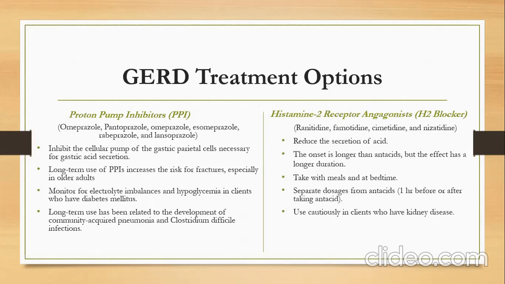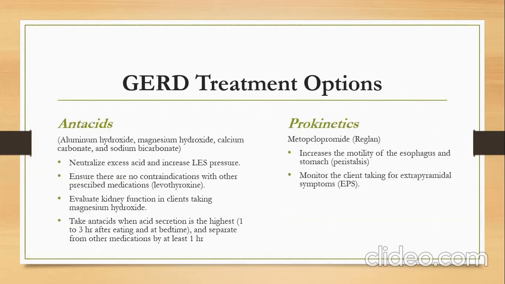You take them usually with a meal and at bedtime, so usually in the morning with breakfast and at bedtime. Proton pump inhibitors you usually take prior to your first meal of the day. Because of the way the H2 receptor antagonists work and the way they are filtered, you want to use caution when treating patients with kidney disease.